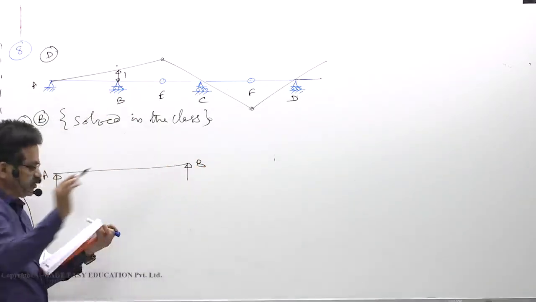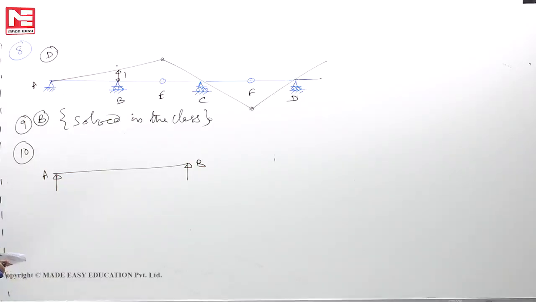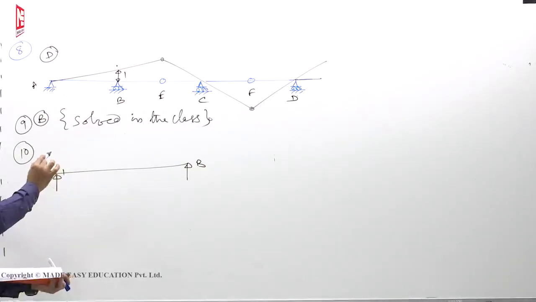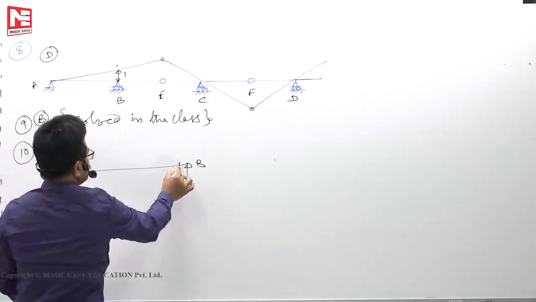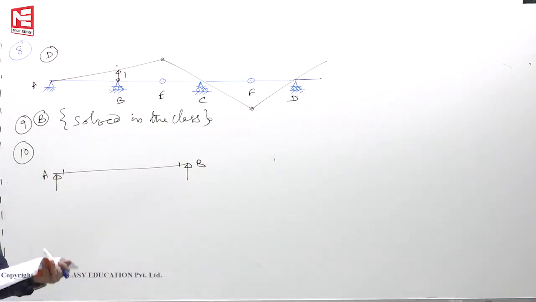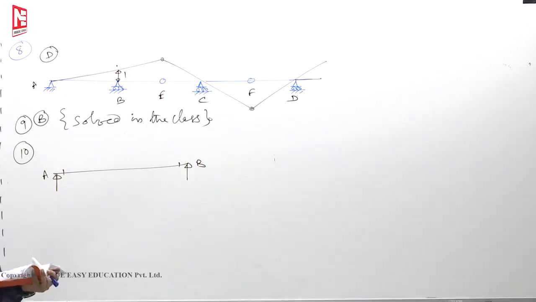Where will it happen? Stand here, look left, section left side upward, positive shear force, section right side upward, negative shear force. That means he is asking you to draw ILD for the reaction.